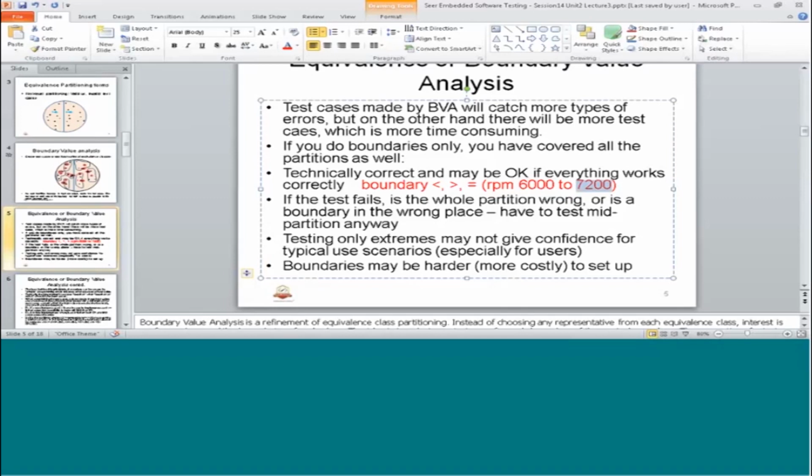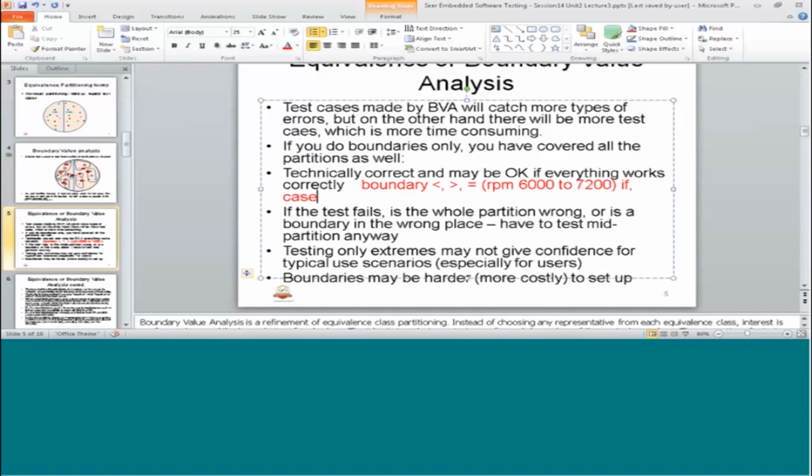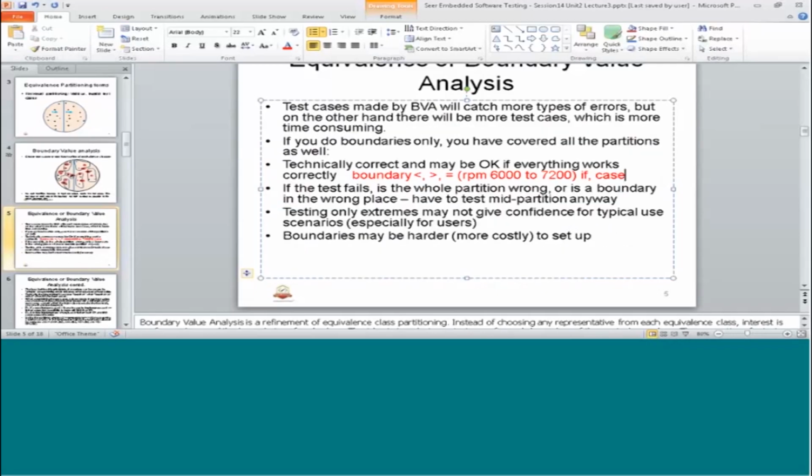So that is why we need to have boundary value analysis. To control the execution, the coder or the implementer would have had this control of execution based on these values. Definitely we will have if-then and case statements, etc. So all this will be exercised by boundary value analysis.